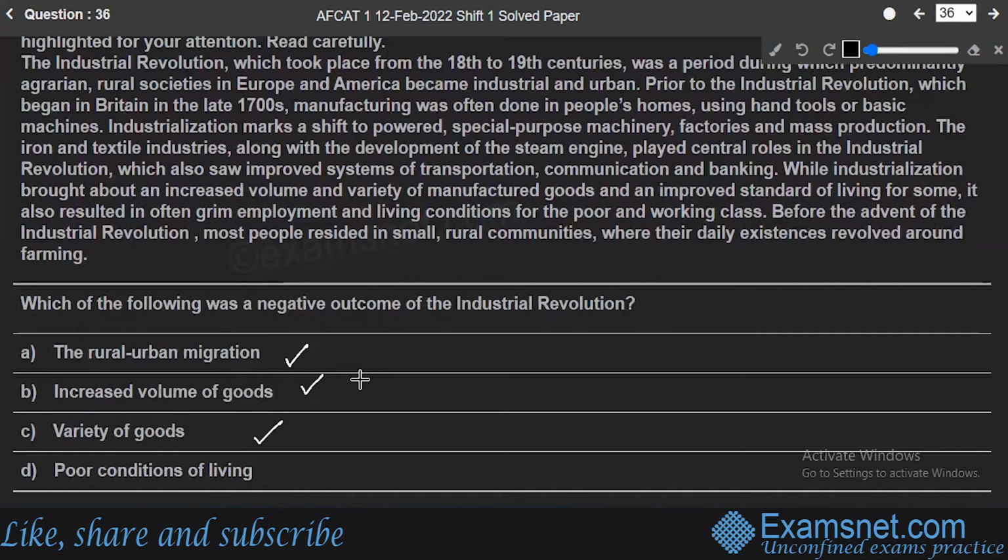Thus, the poor conditions of living are one of the negative outcomes of the revolution, as mentioned in the paragraph. So this is the answer, option D.